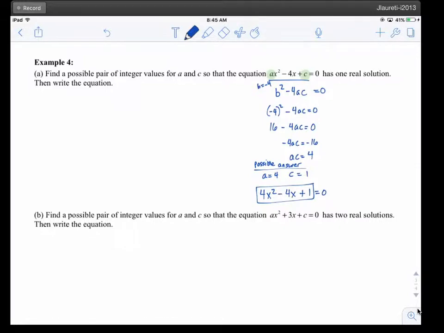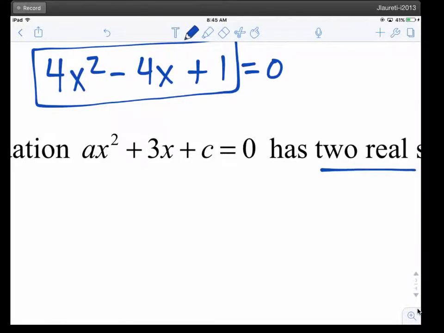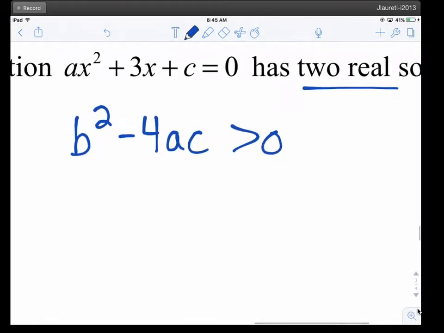All right, so the next one is the same thing, but now we want to have two solutions. When you are doing your discriminant and you want to have two solutions, what does it have to come out to be? Positive, right? So this has to be greater than 0. You want to set your discriminant equal to really any positive number, and you're going to get an answer. I see that B is what? 3, right?